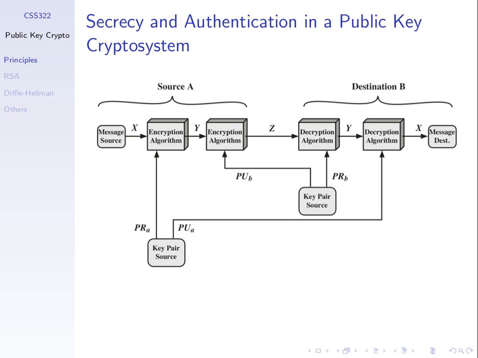Basically, we encrypt twice. Source encrypts the message with the private key of the source for authentication, and then encrypts that with the public key of the destination for confidentiality, and decrypts with the corresponding keys at the receiver. So it's just a combination of the previous two.